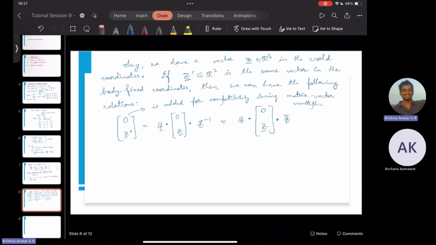Just for this. So this part, we can also write it as Q conjugate and Q transpose.